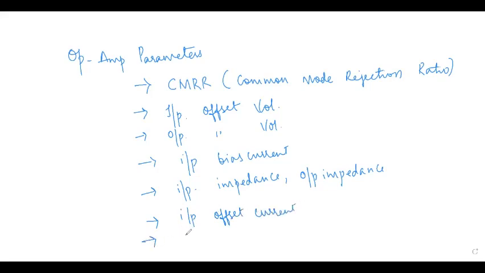Then PSRR, that is power supply rejection ratio, or it is also called SVRR. And then slew rate and bandwidth. So these are some of the parameters of op-amp. And now we shall discuss these parameters one by one.